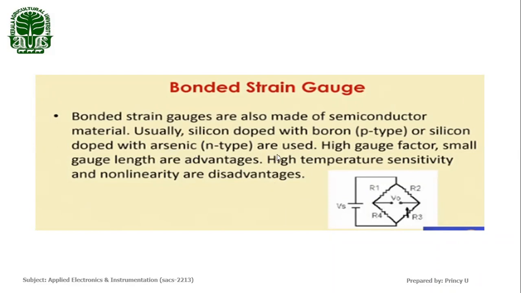So we can use either p-type or n-type semiconductor as a bonded strain gauge. But the semiconductor type material has high gauge factor and small gauge length, which are the advantages. But the disadvantages are that semiconductors have high temperature sensitivity and the output will be non-linear. Okay.